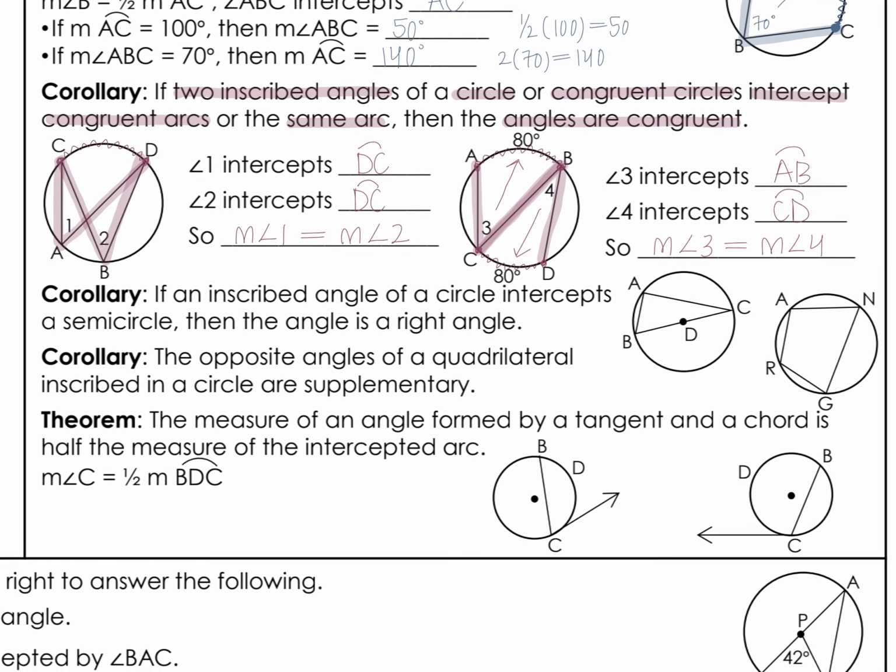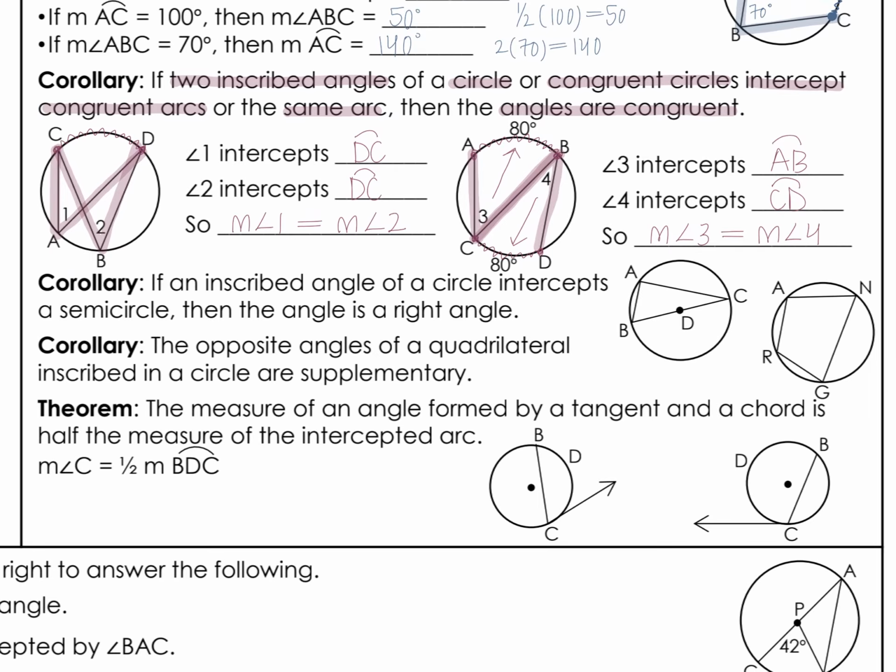All right, another build off of that theorem: if an inscribed angle of a circle intercepts a semicircle, so half a circle, then the angle is going to be a right angle. And this goes into exactly what we had said earlier.